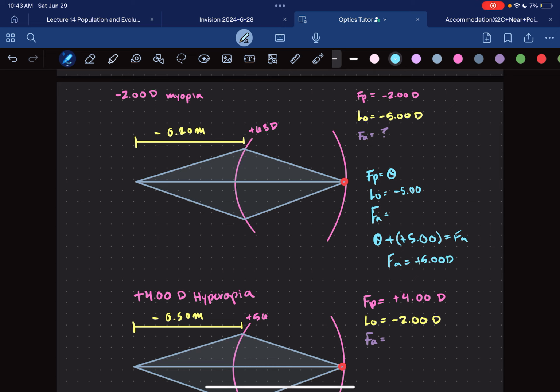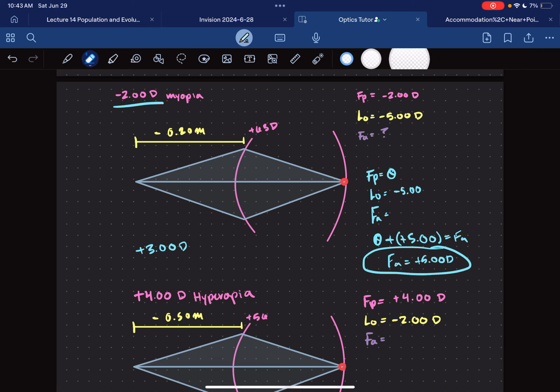That's for an emmetrope. For a myope, since they're nearsighted, they'll have to do however much their prescription is less accommodation than an emmetrope. So what's 5 minus 2? That's going to be +3. A myope looking at something 20 centimeters away will only have to accommodate 3 diopters compared to an emmetrope who will have to accommodate 5 diopters.